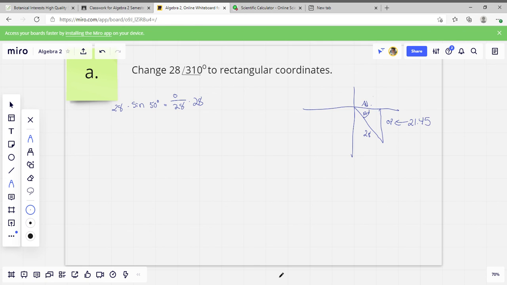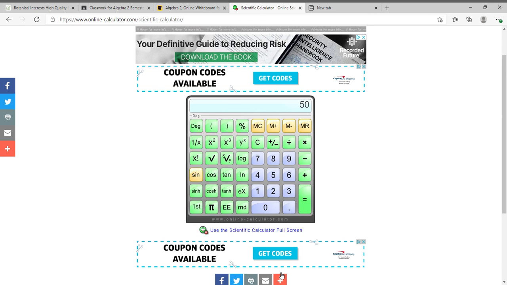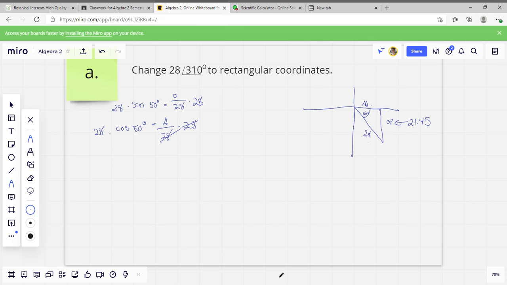And then we need our adjacent, so the cosine of 50 degrees equals our adjacent over 28, multiply times 28 on both sides, and we get cosine of 50 times 28, 17.99. That will round up to 18. We might as well round that up to 18 there.